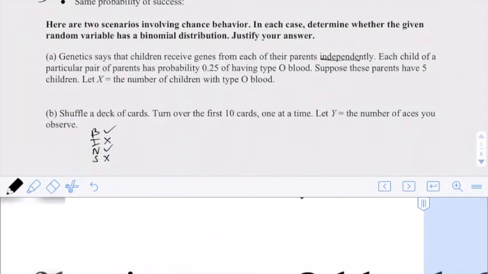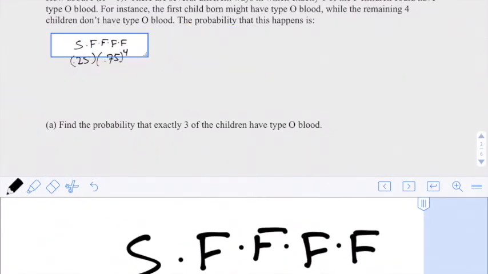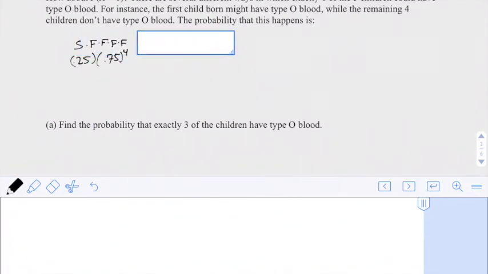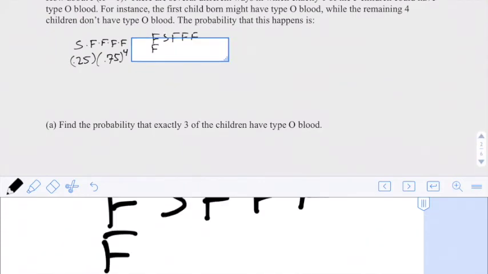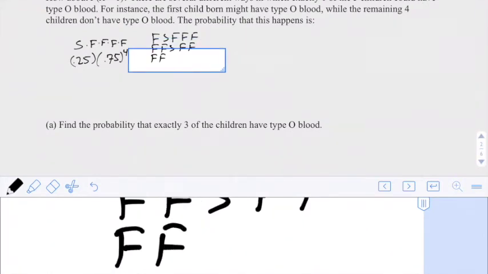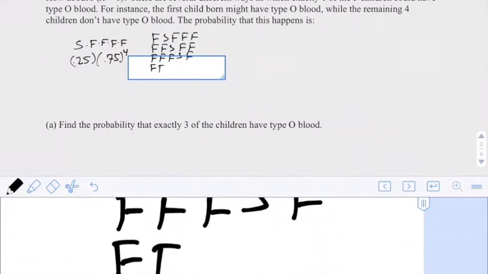So let me write those all out. We could have success, failure, failure, failure, failure. We could also have failure, success, failure, failure, failure, and so on, through to failure, failure, failure, failure, success.